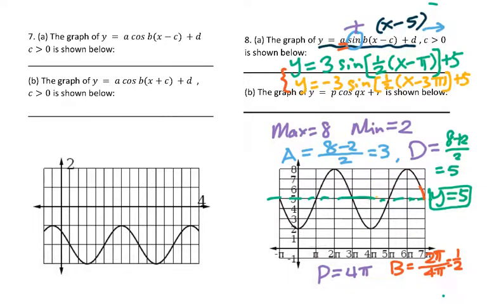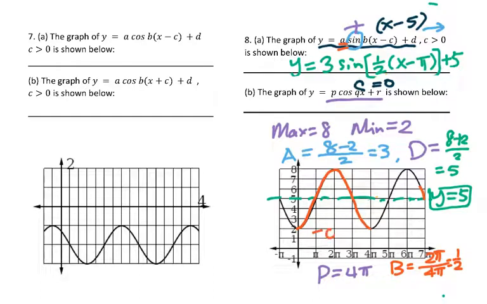Now let's go to B. For B, that's this pattern. We already know C equals 0. So the starting point will be on the y-axis. Here's the pattern you need to draw.